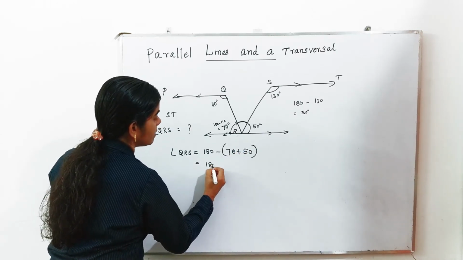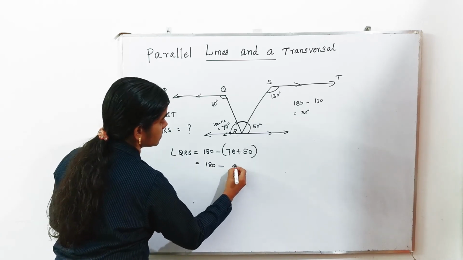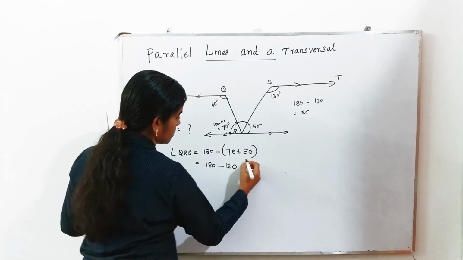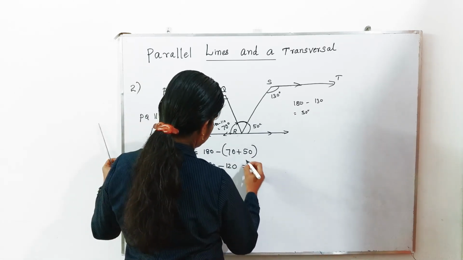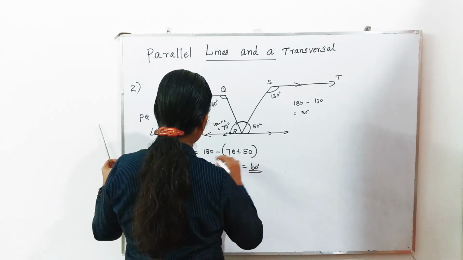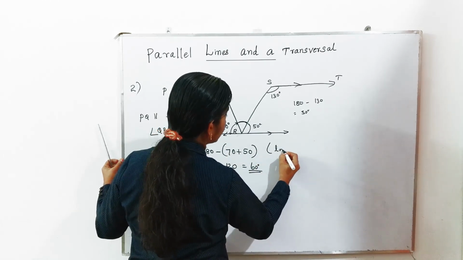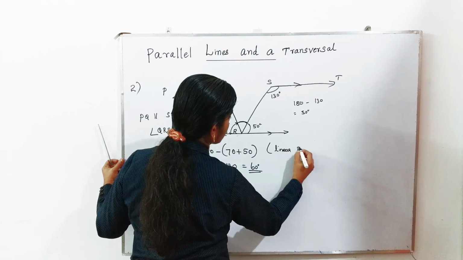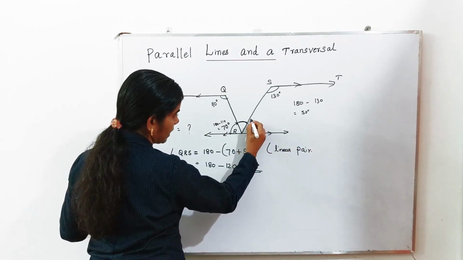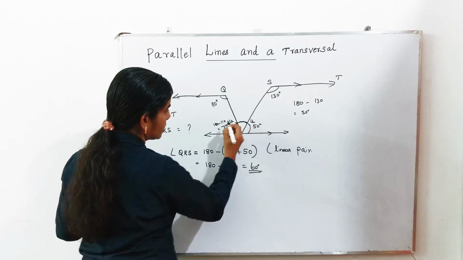Then 180 minus 120, that is equal to 60 degrees. Here you can write the reason as linear pair. If you want, you can give this angle 1, and this you can give angle 2.